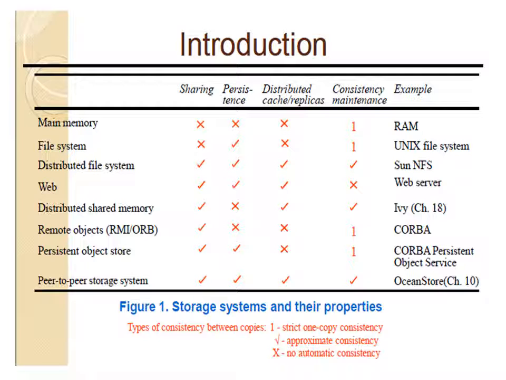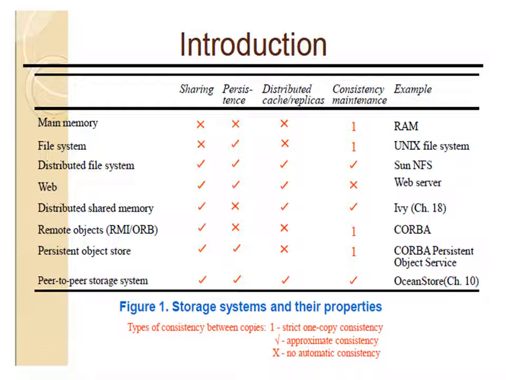An example for main memory is RAM, random access memory. The second one, file system: it cannot be shared and it is persistent. The distributed cache will not be there, and there will be one strict copy for consistency maintenance. An example for file system is the Unix file system.